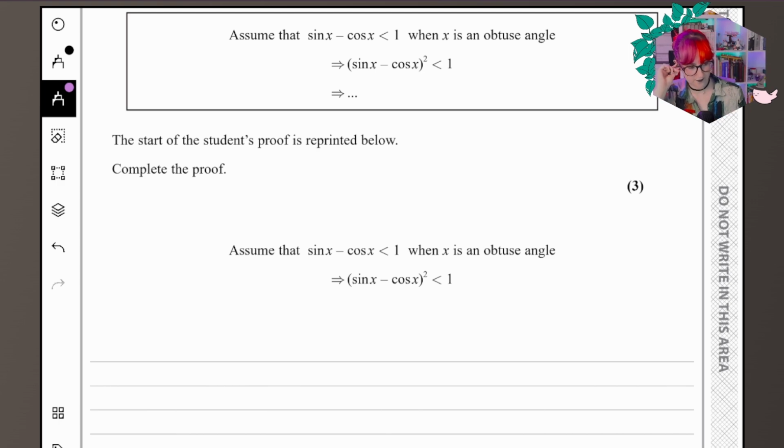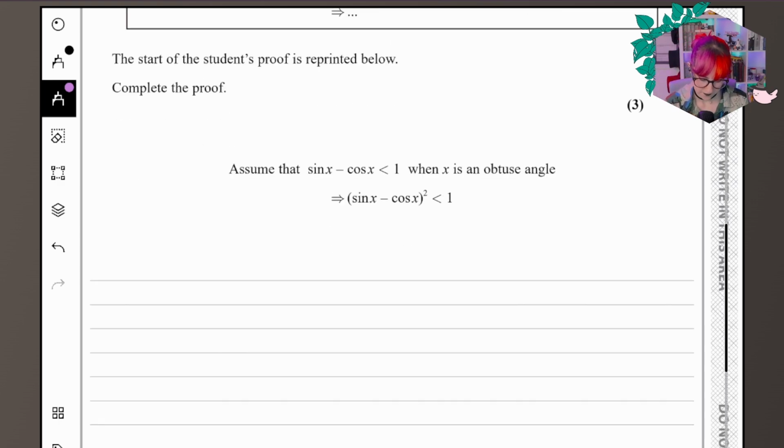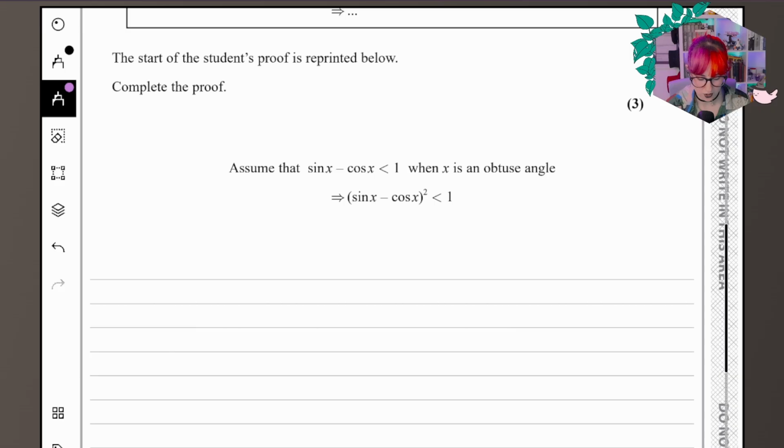Okay. Assume that sin x minus cos x, so this is the contradiction bit.